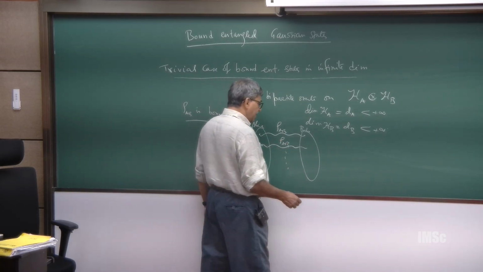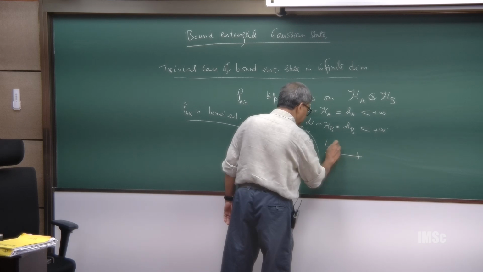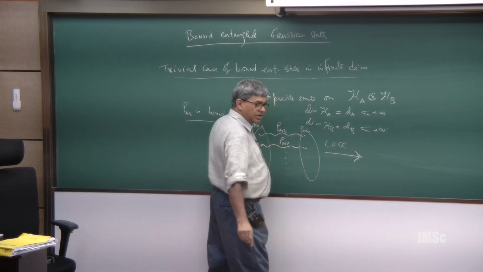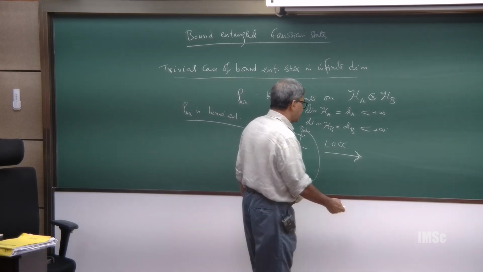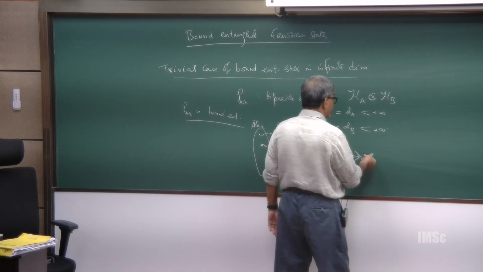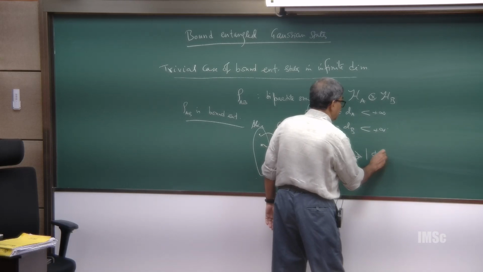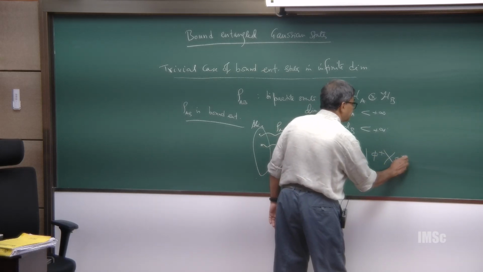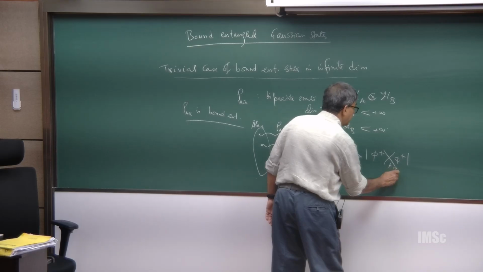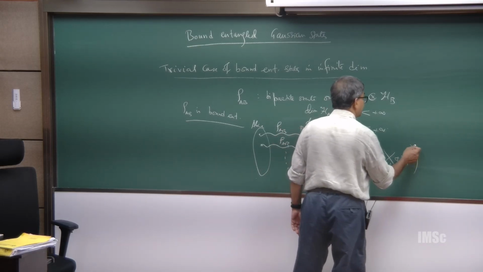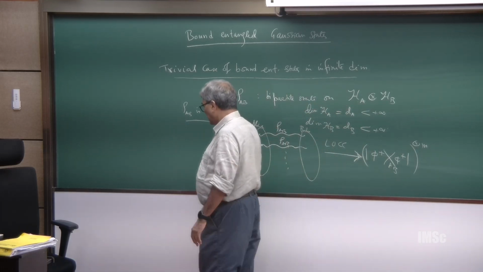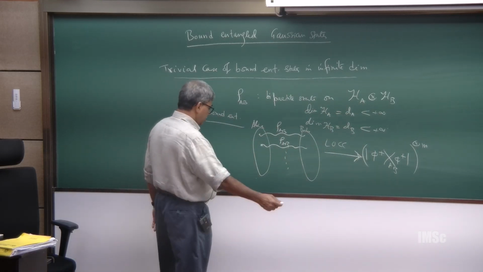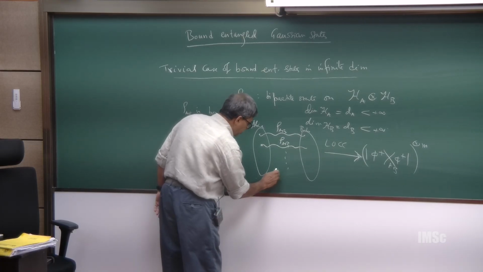So, you apply LOCC, local operation and classical communication, to get some entangled state like this, which I call phi plus A B, maybe m copies. Okay. And here let us say it is n copies.